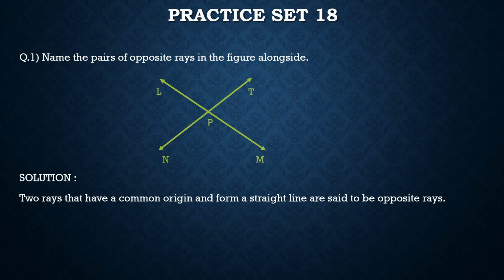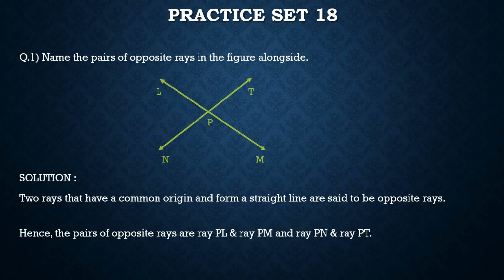This is the basic definition of opposite rays. Here, the pairs of opposite rays are ray PL and ray PM, and ray PN and ray PT.